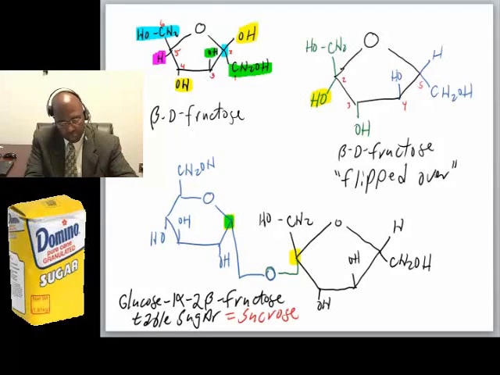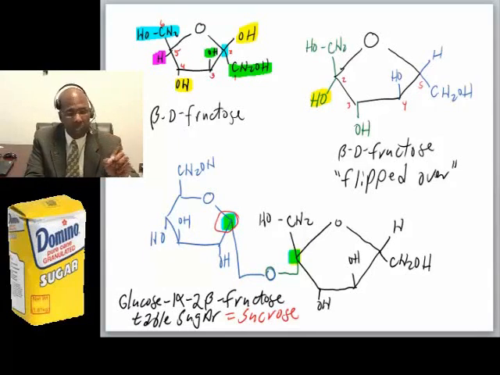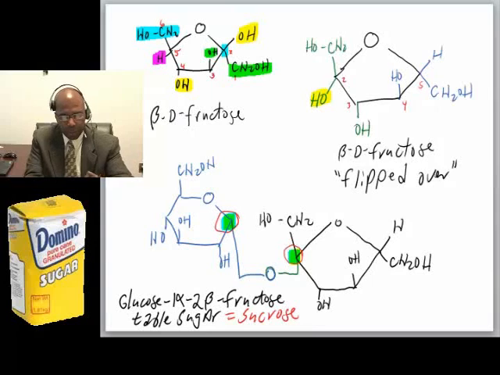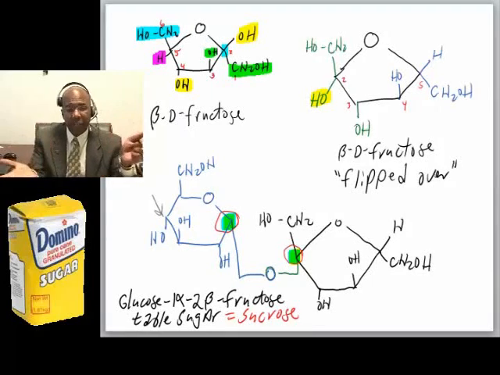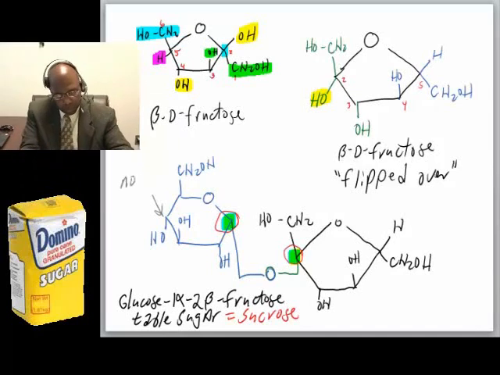But in sucrose, if you notice, both of the anomeric carbons are involved in the glycosidic bond. So this anomeric carbon of glucose, I'm going to circle it here, can't open up. It can't reduce anything. And this anomeric carbon of fructose, it can't open up. It can't reduce anything. So if we look over here, the left end, of fructose rather, is non-reducing.